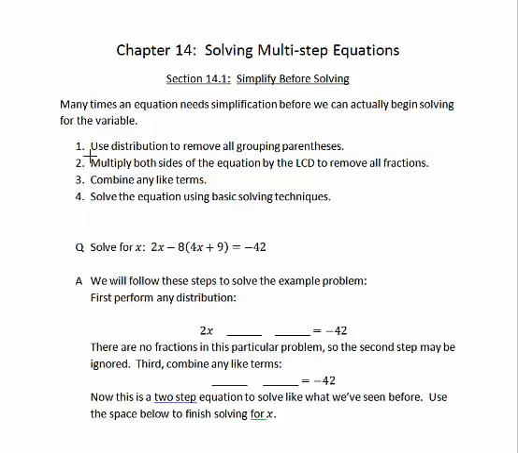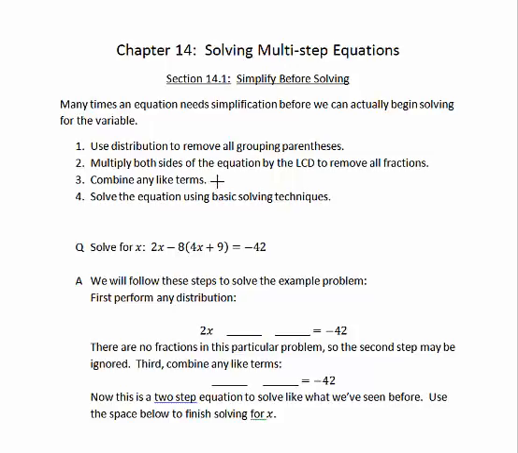The first one is use the distributive property to remove all grouping parentheses. That could be brackets and not just parentheses. Any grouping symbols. 2. Multiply both sides of the equation by the lowest common denominator to remove all fractions. This is one thing that we worked on in Chapter 13, so this is nothing new. 3.